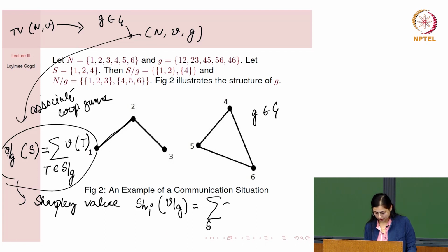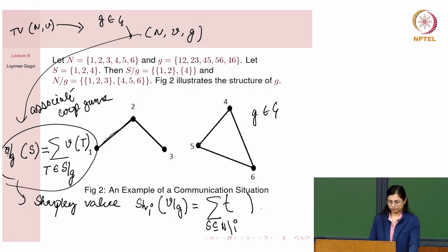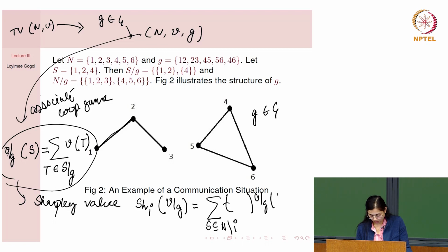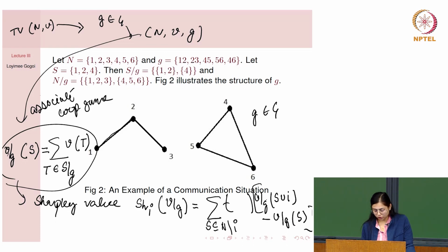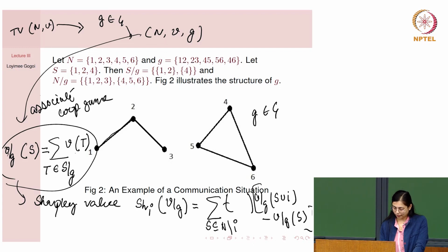It will be the same, S is a subset of N minus I. The coefficient will be the same, but it will be V restricted to Z, S union I, minus V restricted to Z, S. Okay. So if you express it in this cooperative game V, if you apply this expression, then it will be what?